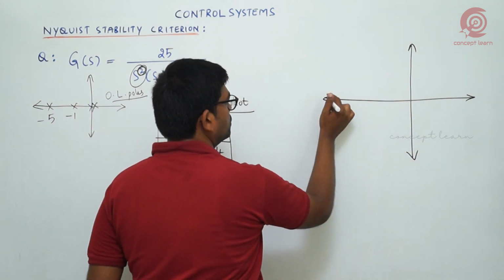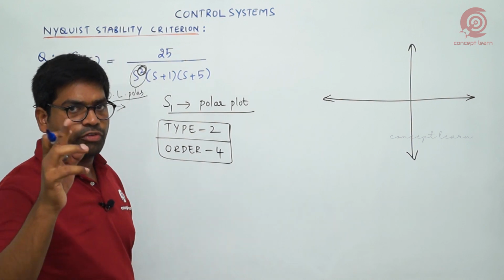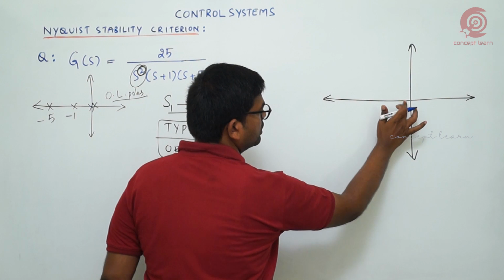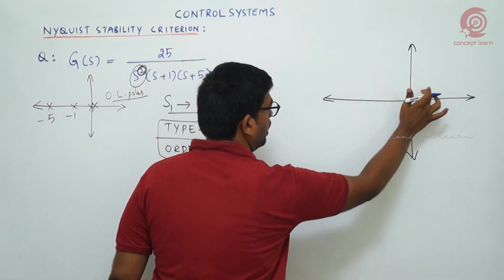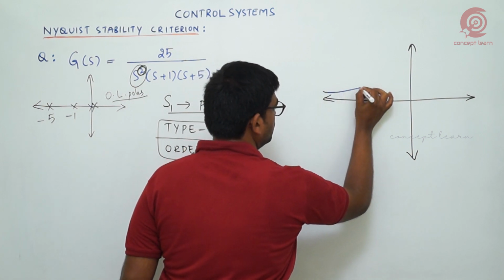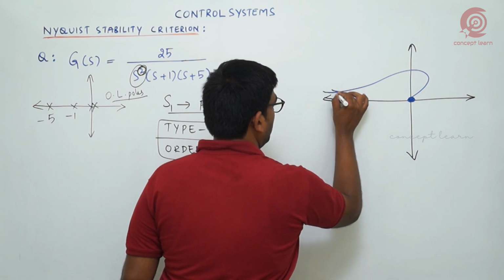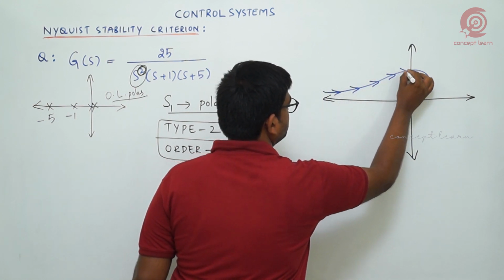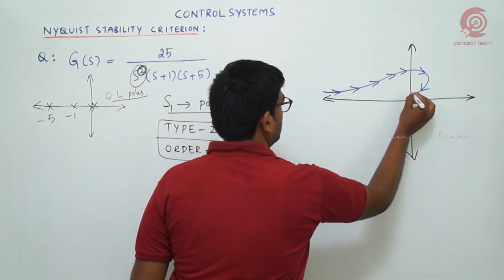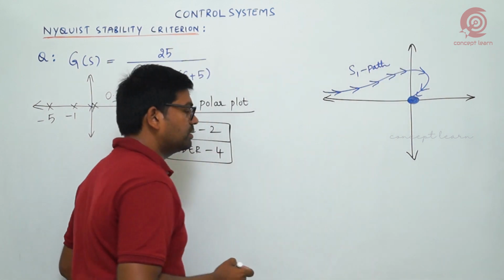Order 1 terminates here, order 2 here, order 3 here, order 4 here. So starting from type 2 to order 4, we get this kind of path for S1.